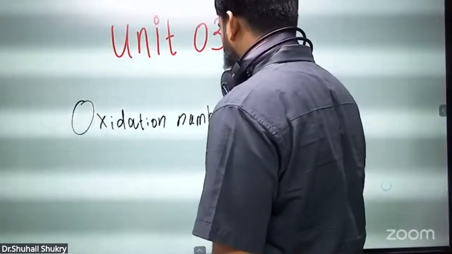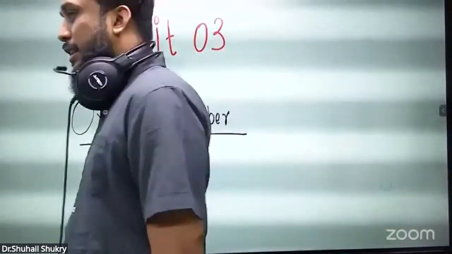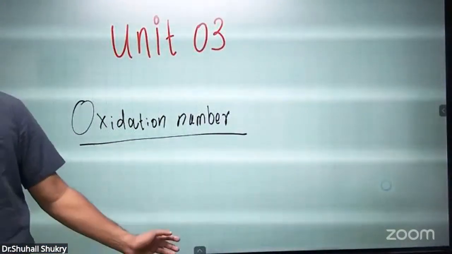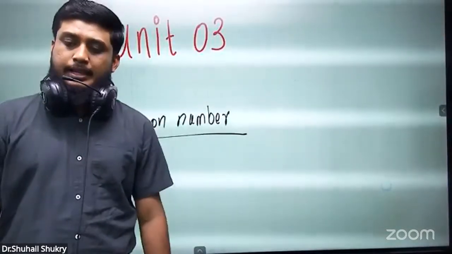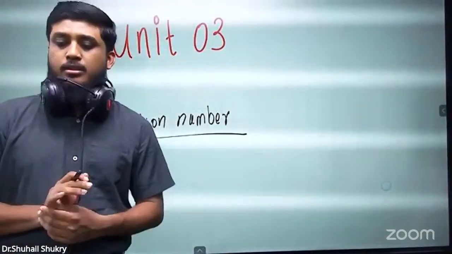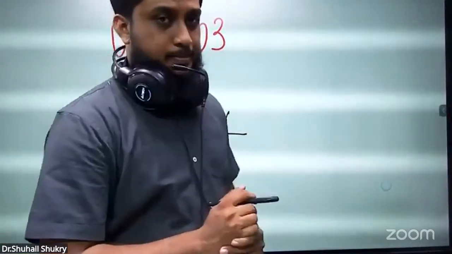I already told you a small thing about oxidation numbers in unit 1, to fill that table, but now we'll speak deeply on this. On oxidation numbers, there are a few points to remember. Very easy, actually, but carefully see this part.